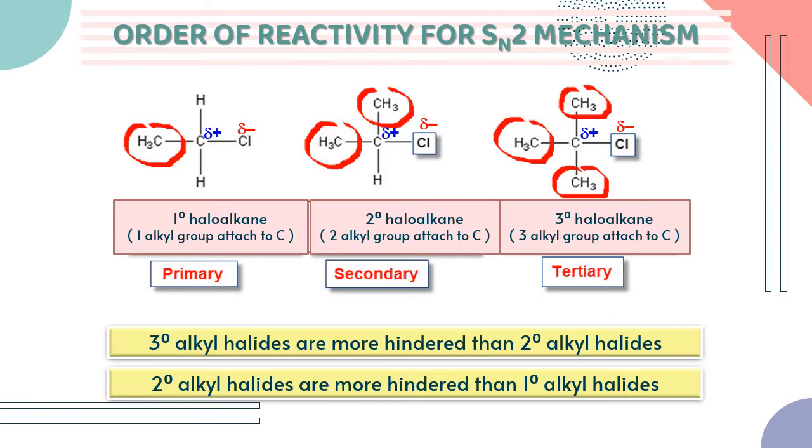So kita tengok slide yang seterusnya. Okay, so here, if you look over here, okay, primary haloalkane, so the carbon that is bonded to the halogen, to the leaving group, dekat sini cuma ada satu sahaja alkyl group. Okay, so as the number of alkyl group increase, jadi kita punya nucleophile tadi, awak bayangkanlah, so saya lukis dalam bentuk 3D structure tadi.